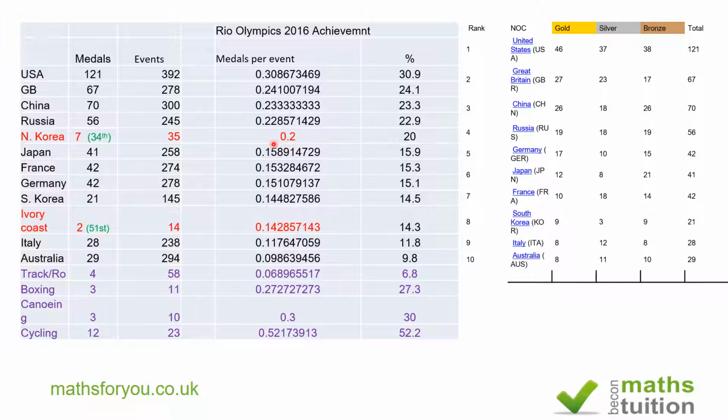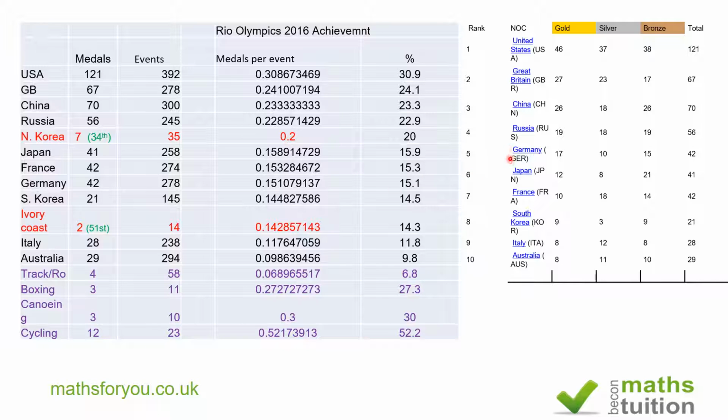So in my ranking here, North Korea should come above Japan, above France, and above Germany, above Korea, and above the first 10 in the IOC's ranking. Okay? Again, Japan comes above Germany in my ranking, because Japan had 15.9% and Germany 15.1%.